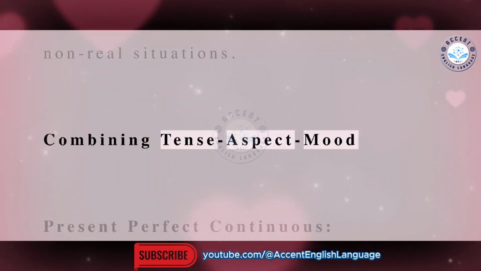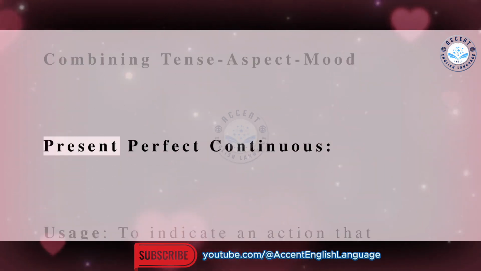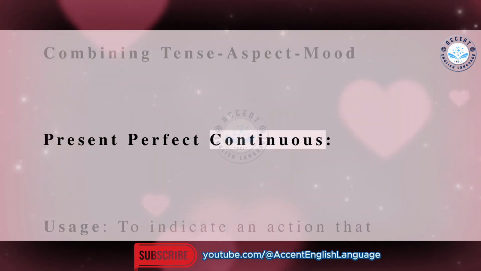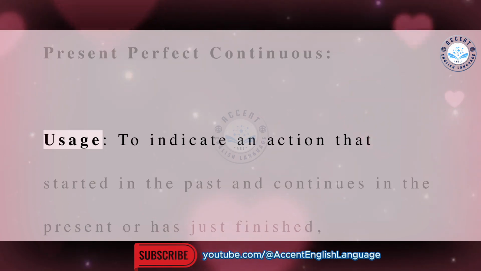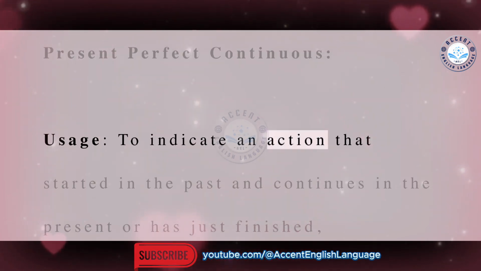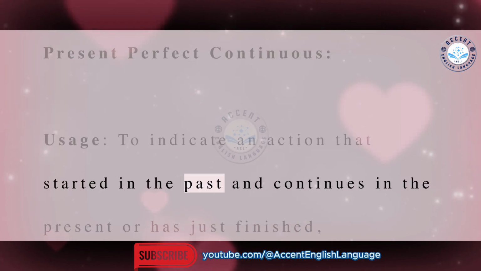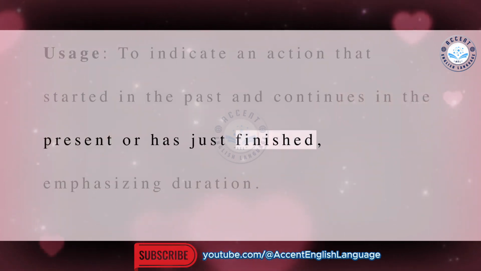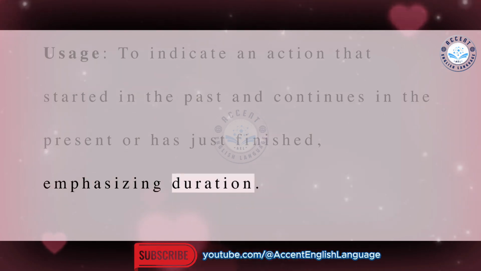Combining tense, aspect, and mood. Present perfect continuous. Usage: to indicate an action that started in the past and continues in the present or has just finished, emphasizing duration.